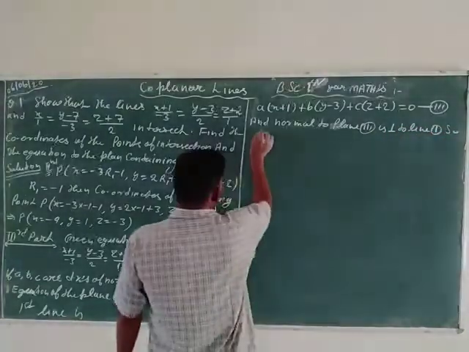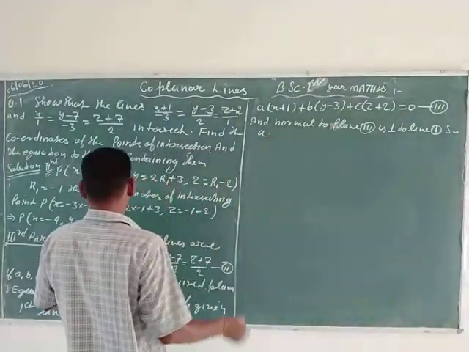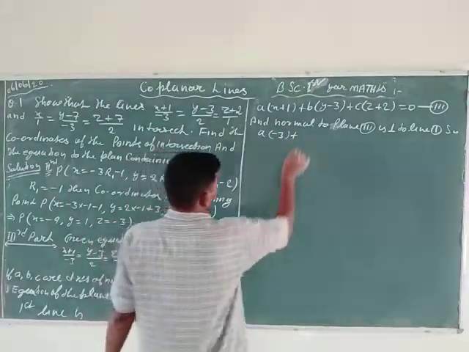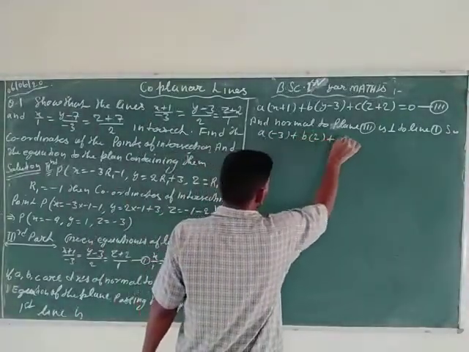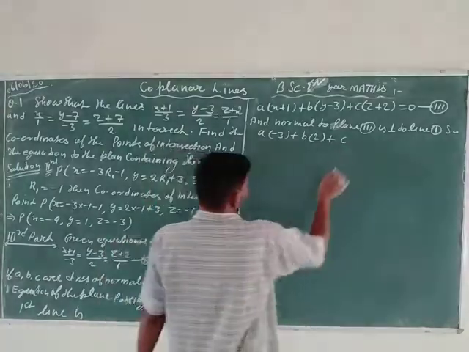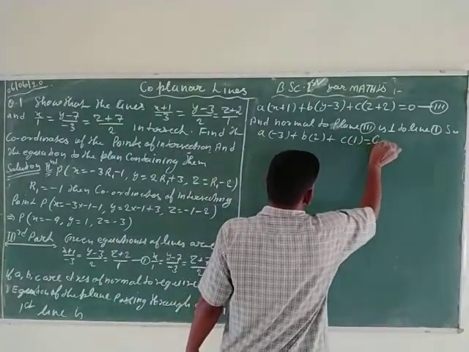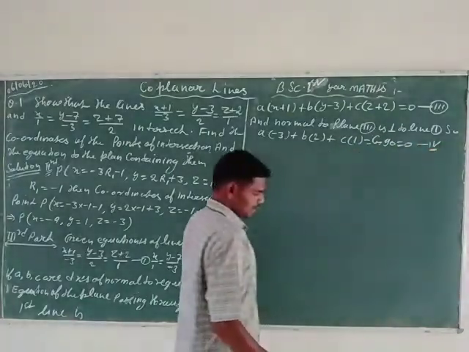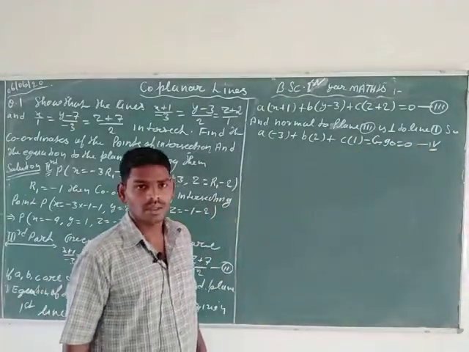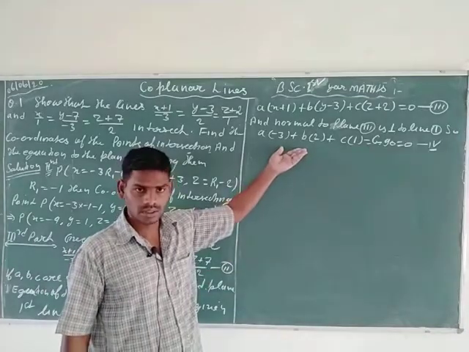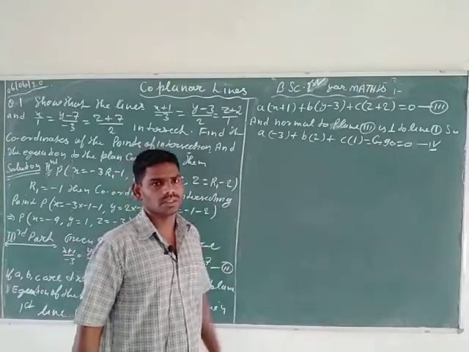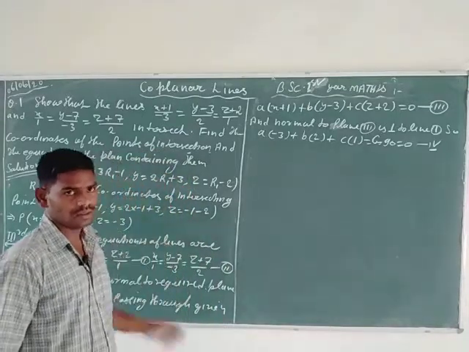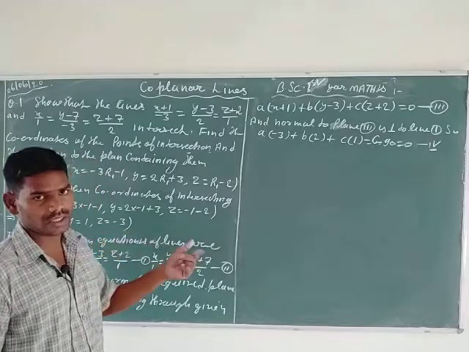So a into -3 plus b into 2 plus c into 1 equals cos 90 equals 0, represented by equation 4th. This exists because the normal to plane third must be perpendicular to line first, in which the plane is passing.